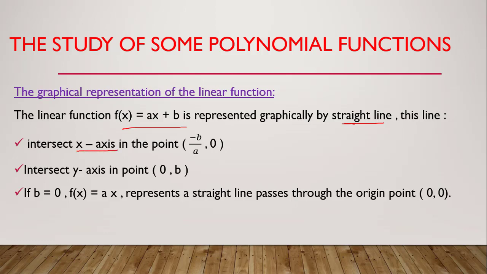If y equals 0, it means ax plus b equals 0. If you solve this equation, you will get that x equals negative b over a. So the point of intersection of this line with the x-axis is negative b over a and 0.